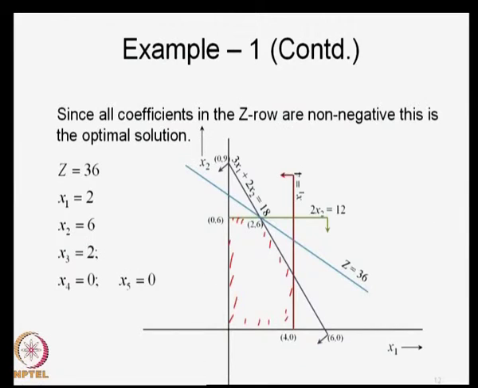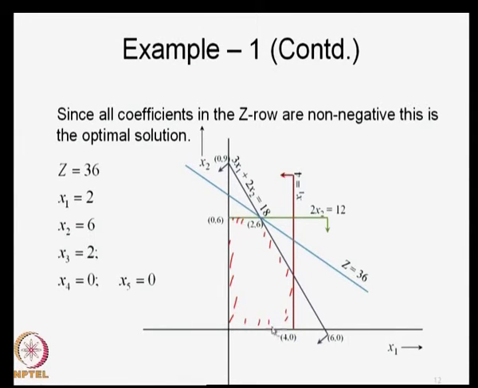You look at the graph, where is that point? From this point we went to this point 0 and 6. Then from this point to this point we went 2, 6. Notice that from this point we did not go here, we went here. That is because this is the direction in which the z value increased faster than if we had taken this particular direction, and that is what we decide based on the departing variable.